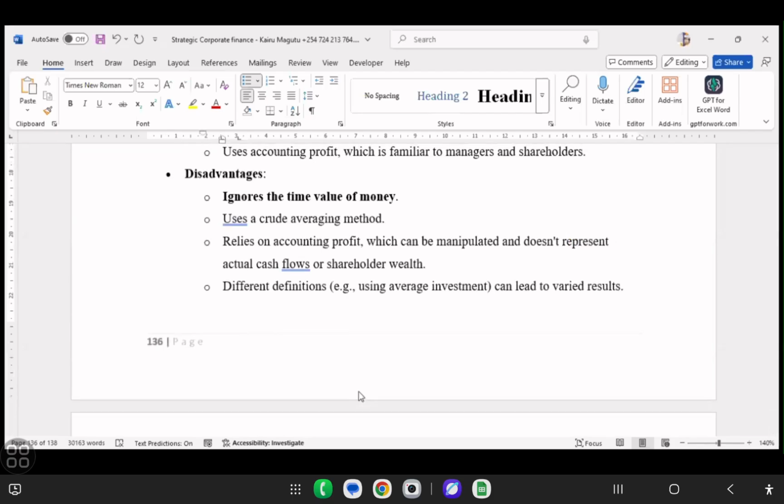It uses a crude averaging method, assuming that all the performance will be average. Then it relies on accounting profit, which can be manipulated and doesn't present the actual cash flow or the shareholders' wealth. Then it has different definitions, as I said, e.g. using average investment.